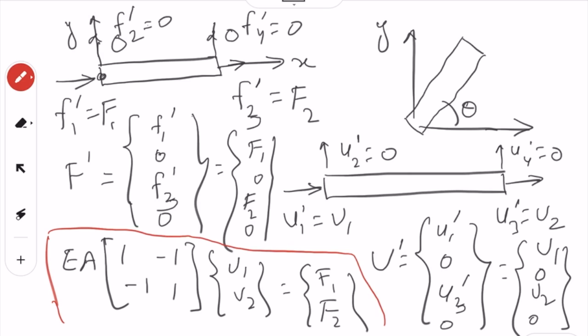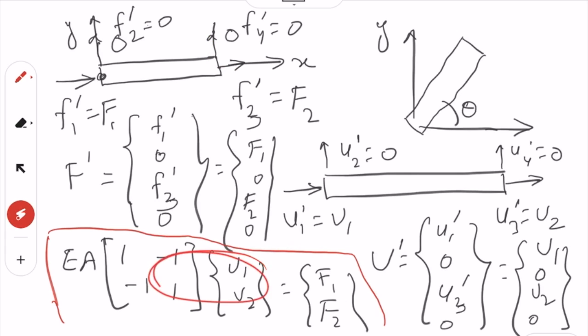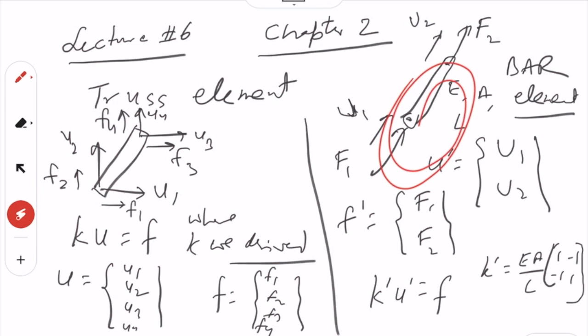Actually what I mean is this is for 1 degree of freedom per node. Total element has only 2 degrees of freedom, and for this one this has a total of 4 degrees of freedom for the whole element. So 2 here and 2 here. So this one is the original representation, right? So the way we did in this case.